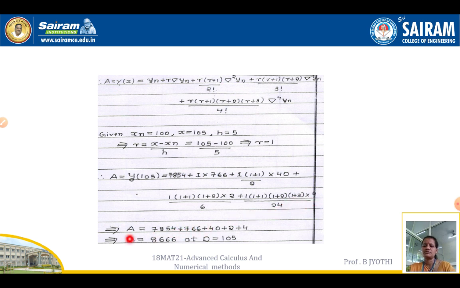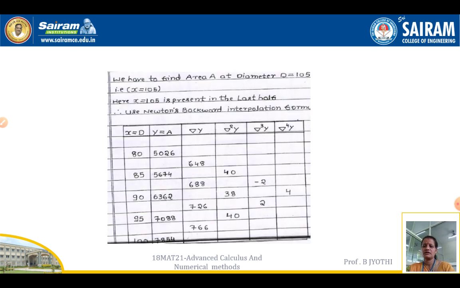So on substitution of all this and simplification, we get A equal to 8666 for diameter 105. So we can look at the table: for 100 it is 7854. It is all in increasing order. So 8666 for 105 is correct.